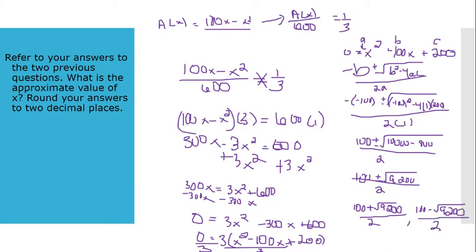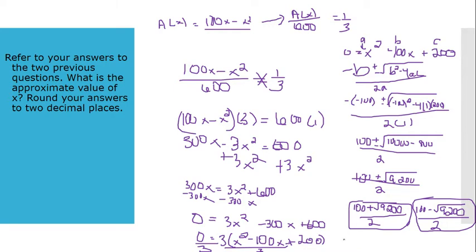Now I don't need to try and reduce my square root of 9200, because the original question tells me it wants my answers rounded to 2 decimal places. So I can just go ahead and type each of these expressions into my calculator, making sure I follow order of operations and put my parentheses in the correct spot, and then get an answer.